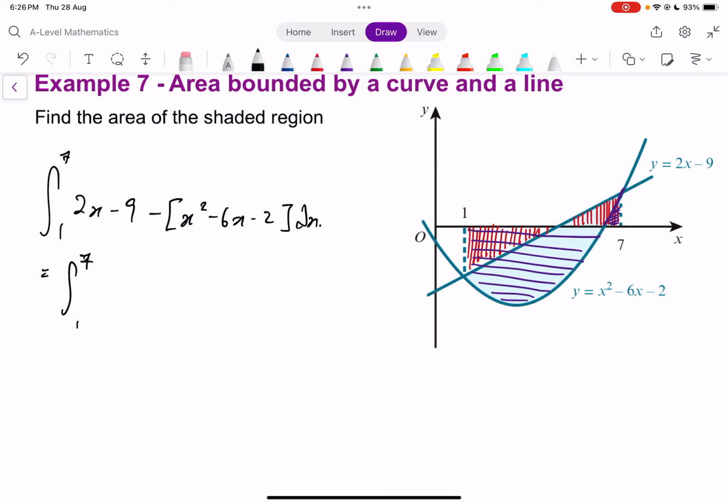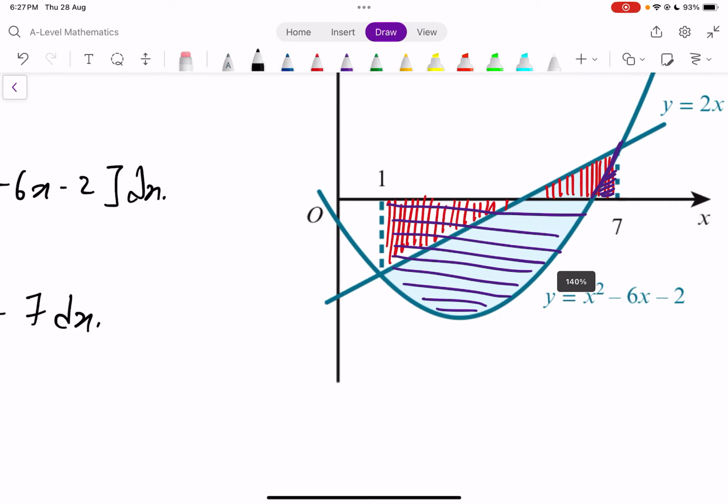Now hold your thoughts. I know what you are going to ask: why is the straight line graph being minus by the quadratic?